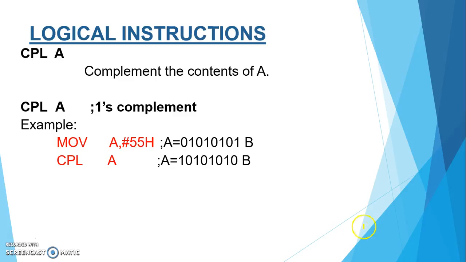Complementing the accumulator content is nothing but finding the one's complement. In one's complement, whatever is 1 gets converted into 0. So see here, when I load the accumulator with some content, it gets complemented, right? Whatever position was holding 1 will hold 0, right?